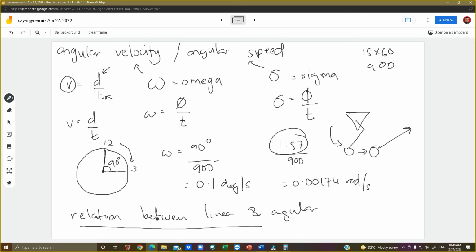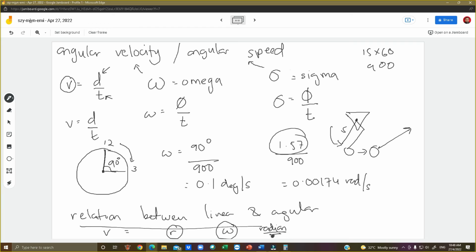Linear kita ada velocity tadi, angular kita ada omega. To relate these two, we are going to use equation V equals to R omega, where R here is the radius of rotation.